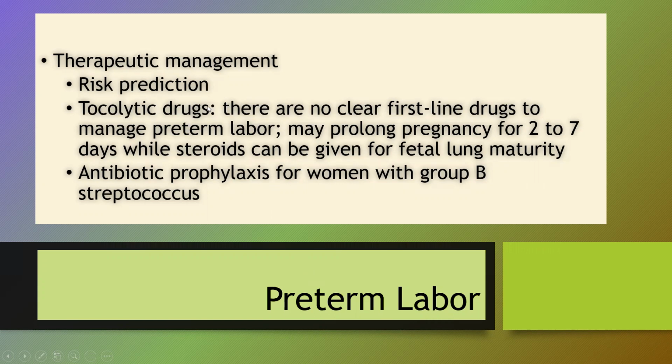Sometimes they will use them short term. There is a whole list of them, and you can look again at the medication video. We try to prolong that pregnancy to allow the steroids to work, and we often will do prophylactic antibiotics because infection may be contributing to the preterm labor.